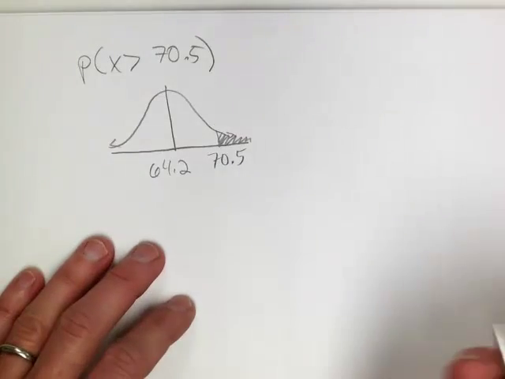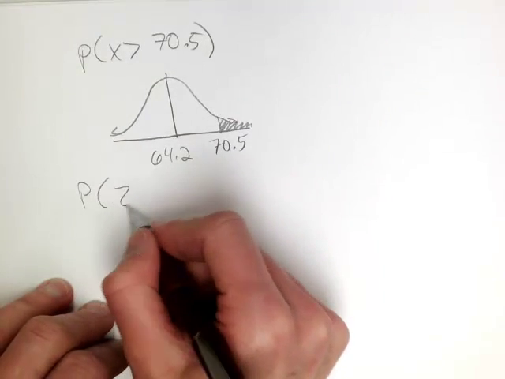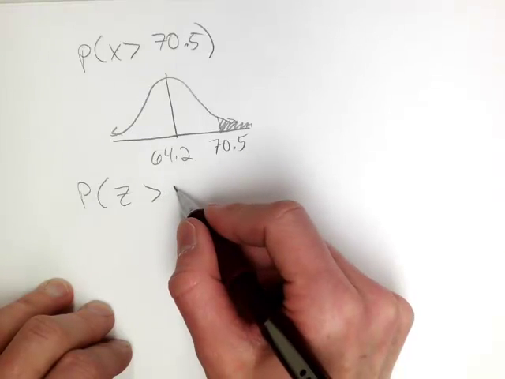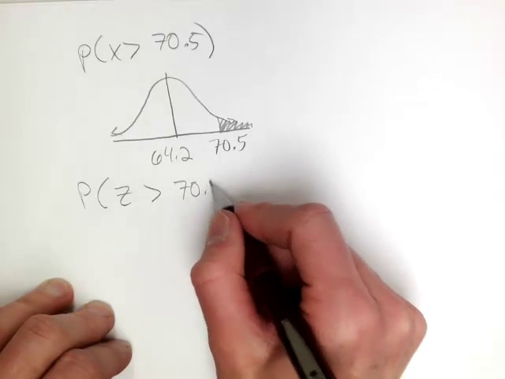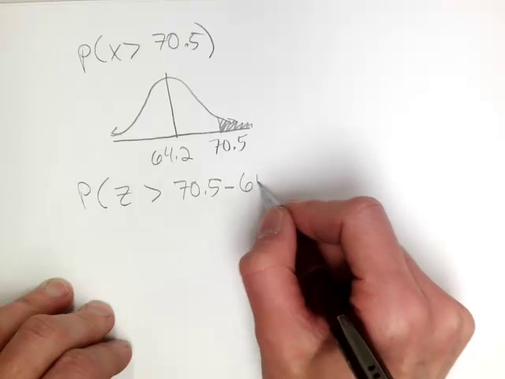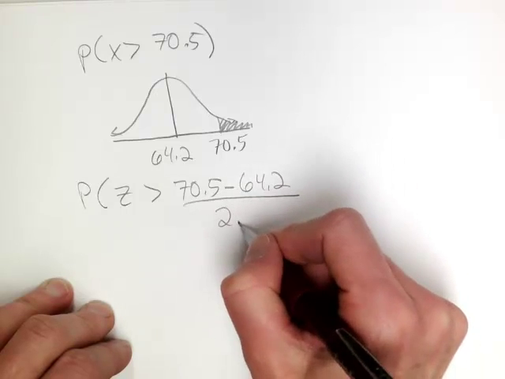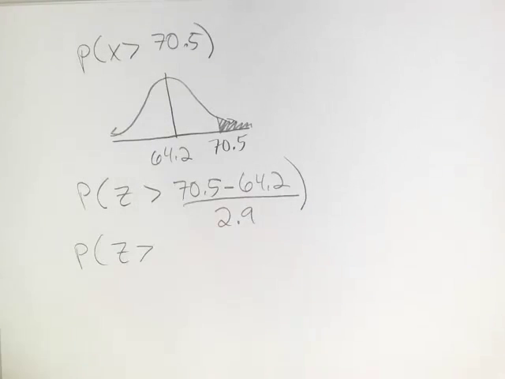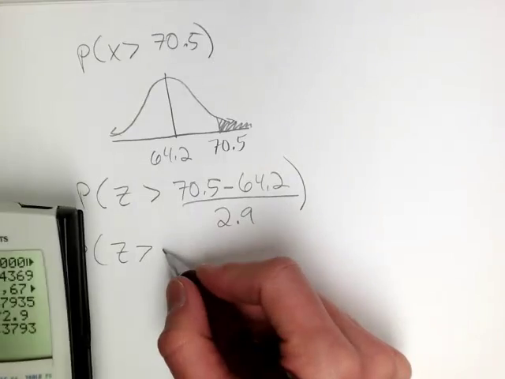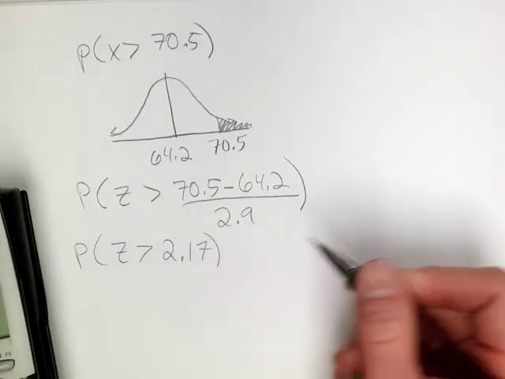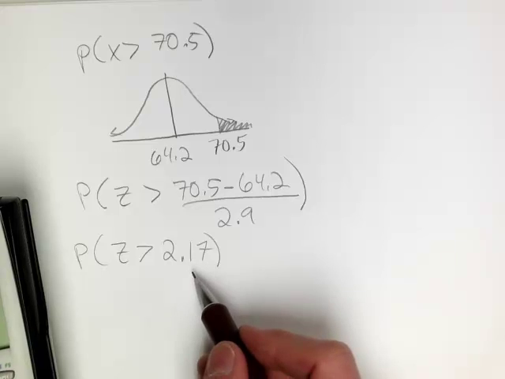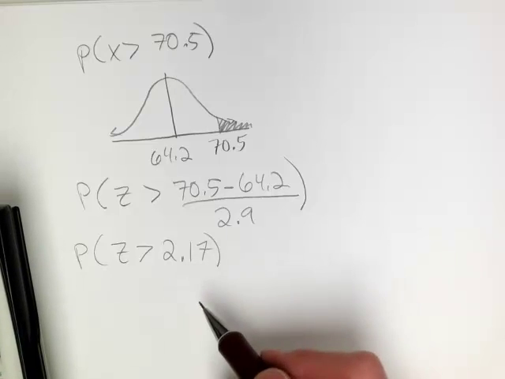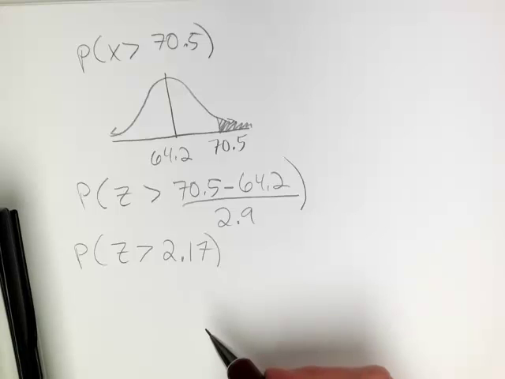Now, I could convert to a z-score just out of curiosity to see if this is an unusual z-score. This is 70.5 minus 64.2 over 2.9. So that's the probability z is greater than 2.17. Again, this is an unusual z-score using the criteria from Chapter 2.